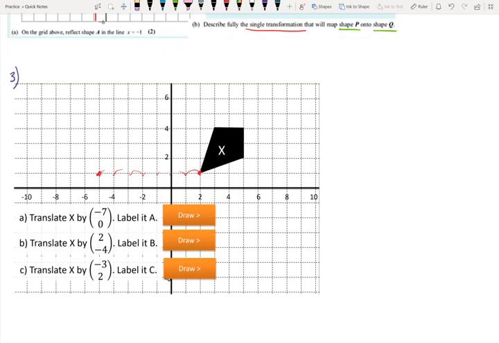And you choose the other one also, 1, 2, 3, 4, 5, 6, 7. So until now we have this shape.